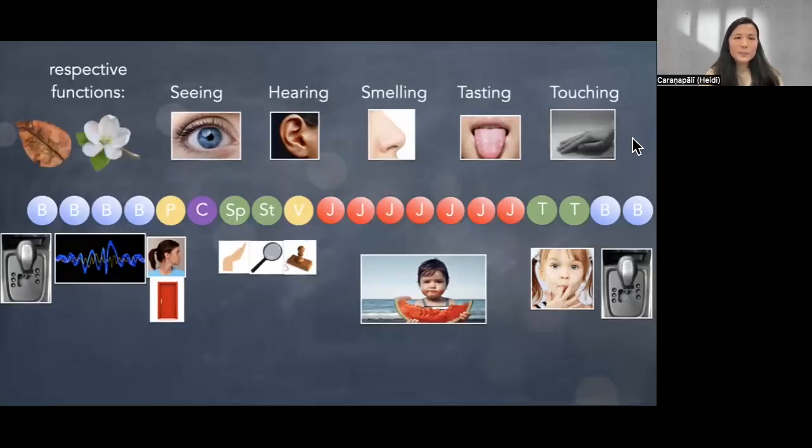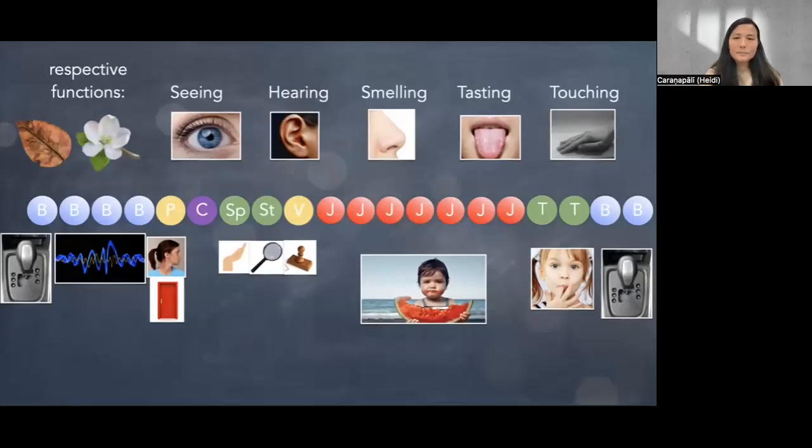These are the dvipancavinnana, either wholesome resultant or unwholesome resultant, rootless. These five each perform their specific function.